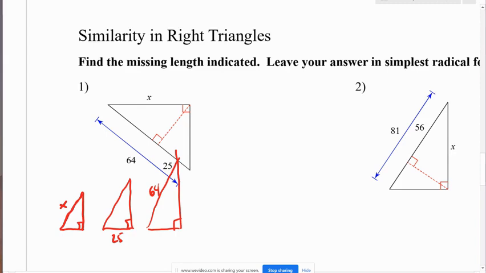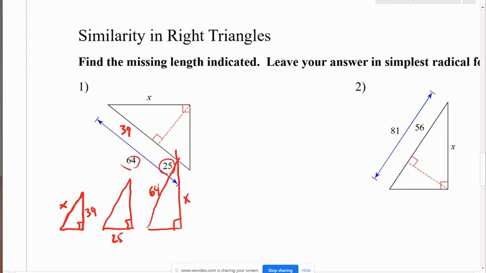And X is also the longer leg of the big triangle. Okay, and so now we also recognize that since this is 25 and this is 64, the difference between those is 39. And so we know this side is 39.